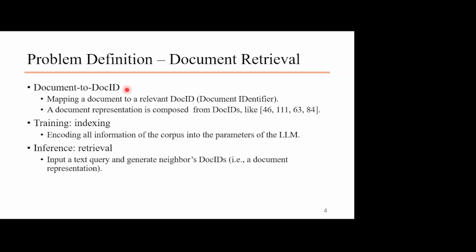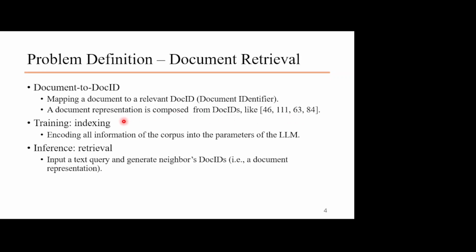So the input is a text query and the output is a document ID. And the LLM can generate several document IDs, for example, like this integer sequence. These integers represent the relevant document.